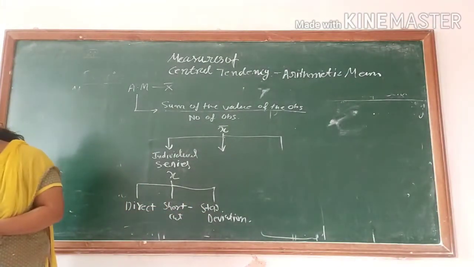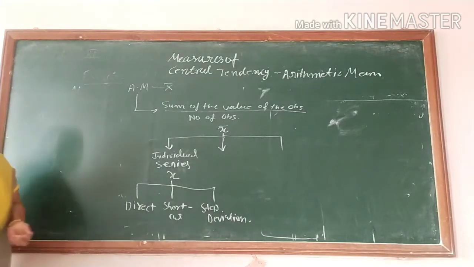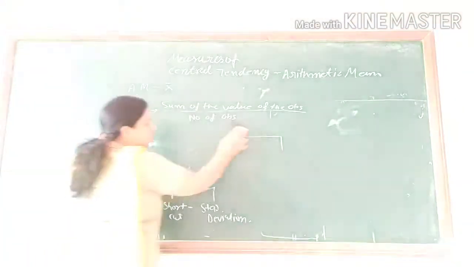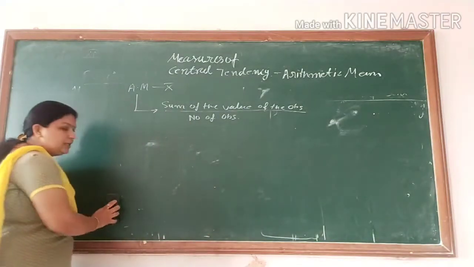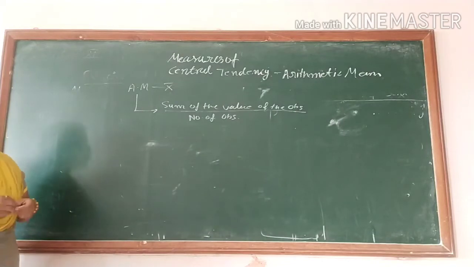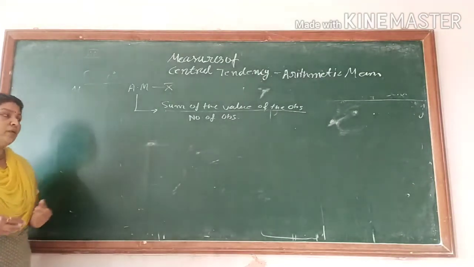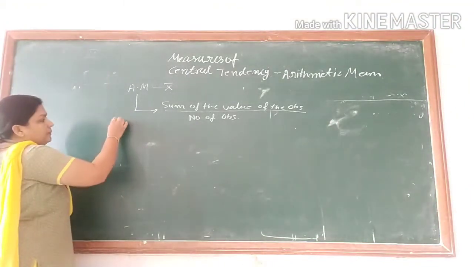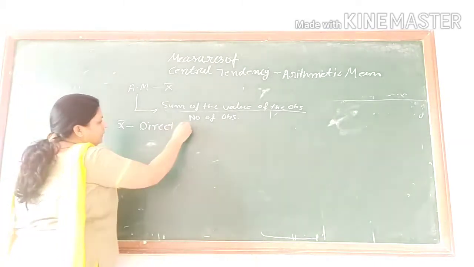So first we will start with the direct method. We will start our X bar with direct method. You just write down all these things because this is a numerical based chapter. So please do numerical with me only. Fine. So X bar with direct method.